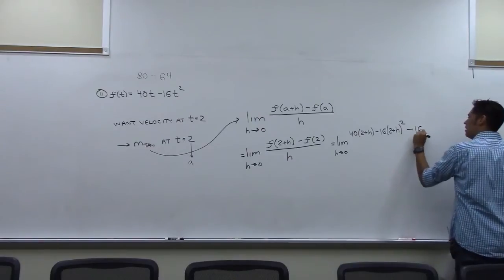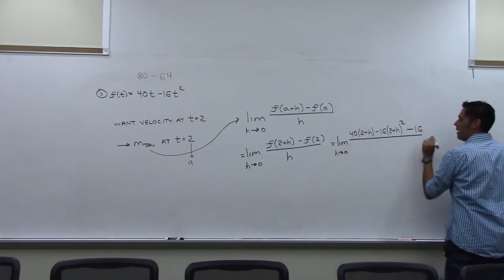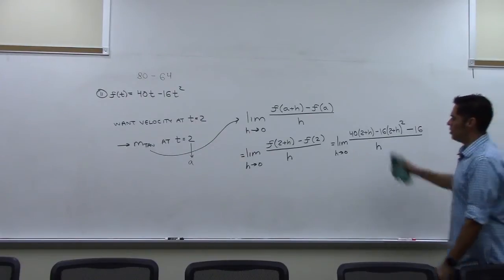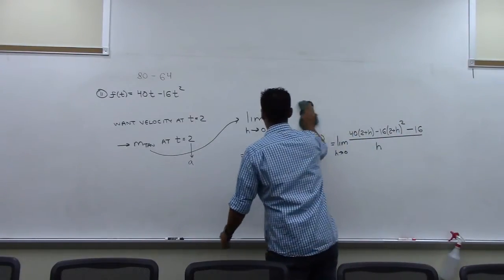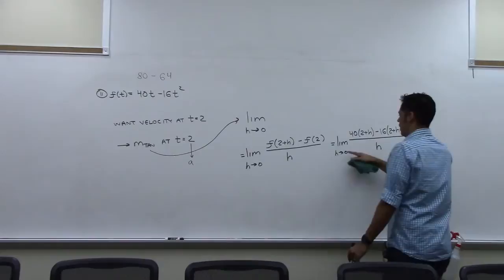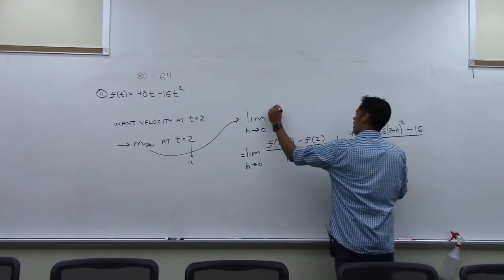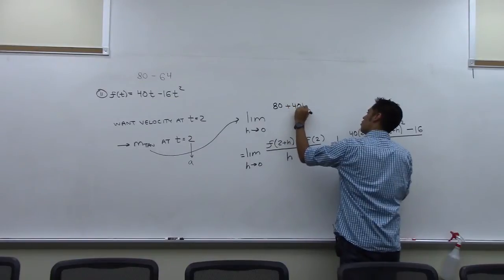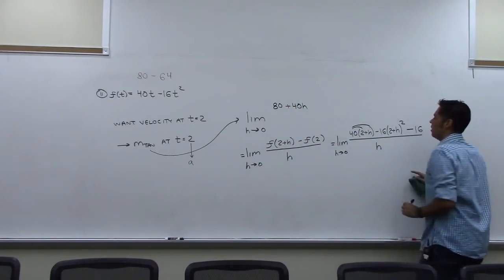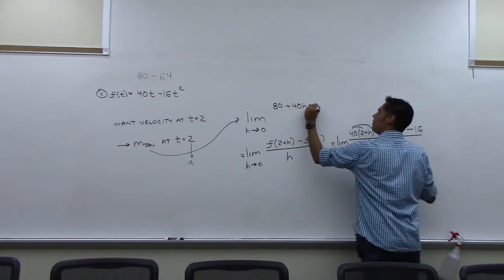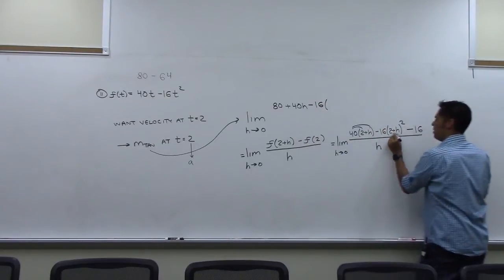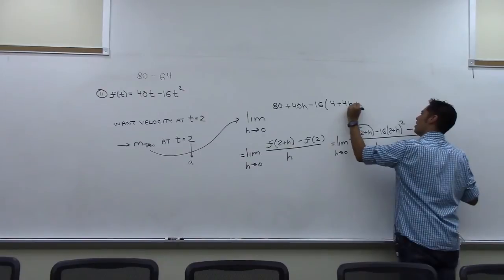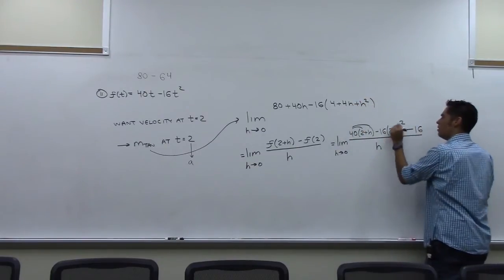So I get 16 all over h, which is equal to the limit, let me pass the 40 through, 80 plus 40h, that's this and this, minus 16 times this thing squared, which is 4 plus 4h plus h squared. You do that on your own.